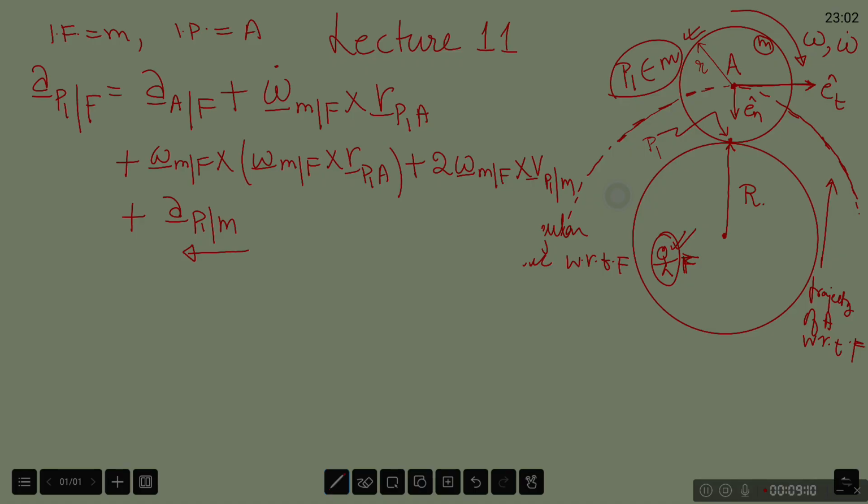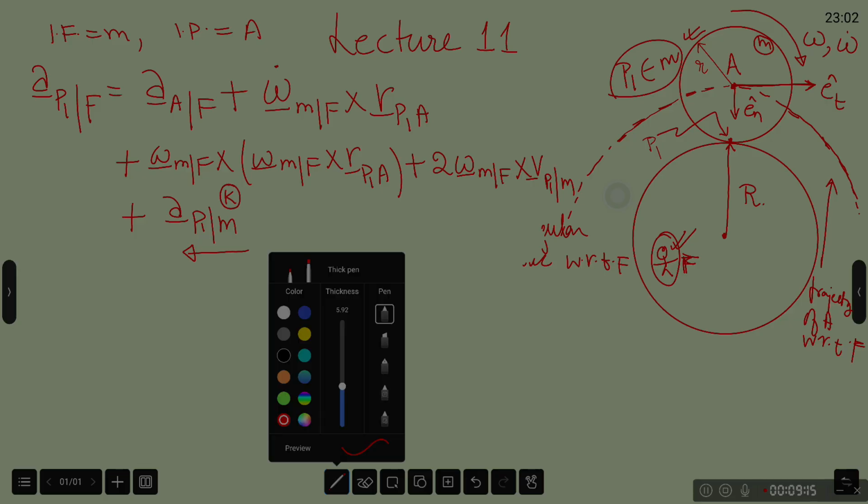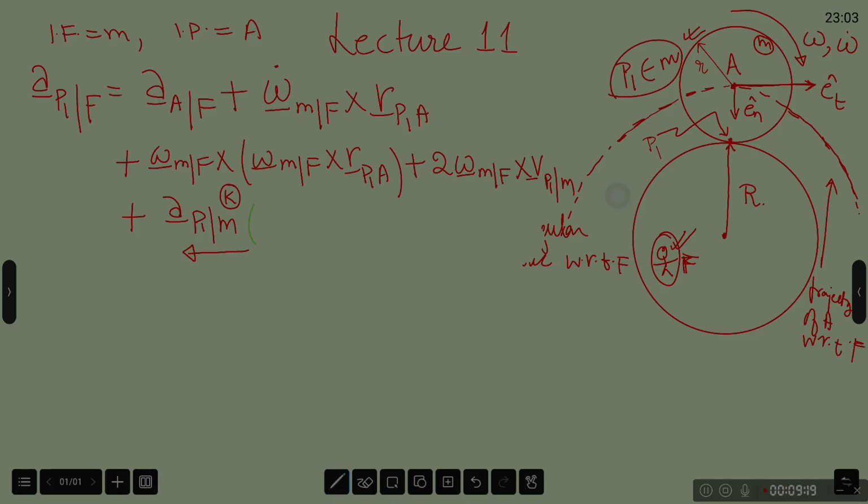I start with AP1M. I mark that as a known quantity. It is actually 0 because P1 is a point fixed in M.